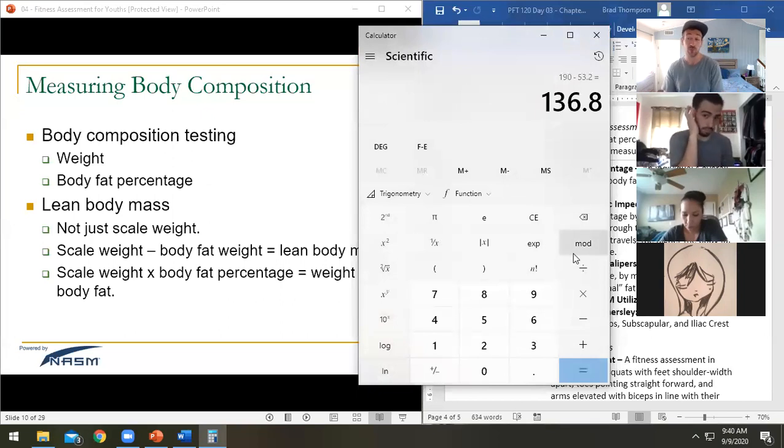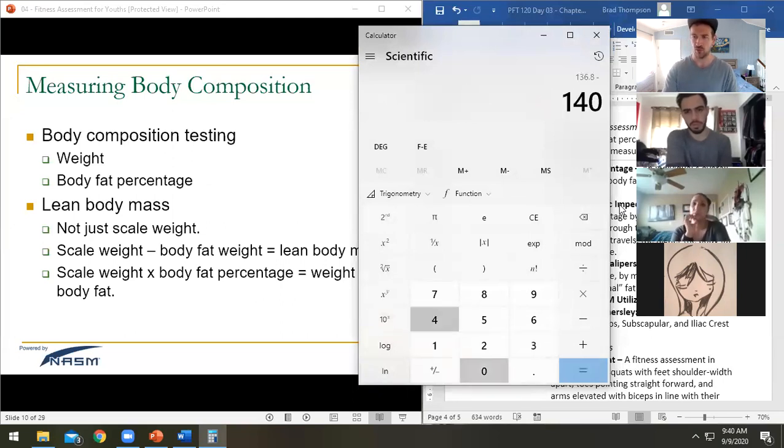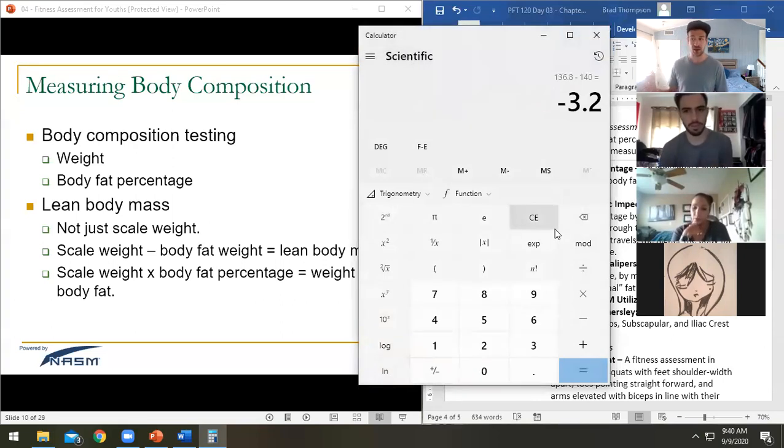Before they had 140. So 136.8 minus 140: when they lost 10 pounds, 6.8 pounds of it was body fat and 3.2 pounds of it was lean body mass.